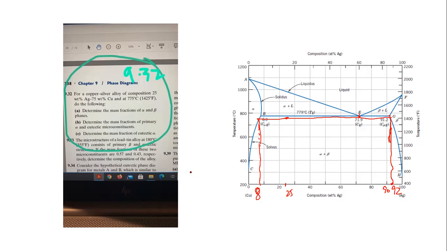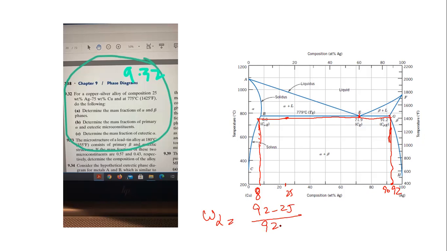Now when I want to determine the weight percent of alpha, alpha is here, so I will take the opposite side, which is 92 minus 25, divided by the whole length.